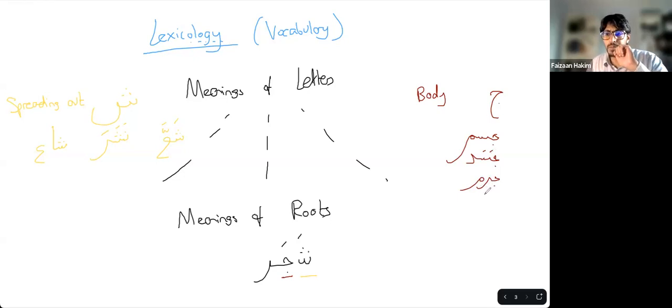And you have juththa. Juththa is a corpse. See, all these words for being bodily come from the letter jim. You have a janib. The janib of something is the edge or the side of a thing. So you have all these meanings of dimensionality, of physical dimensions and embodiment in the letter jim.